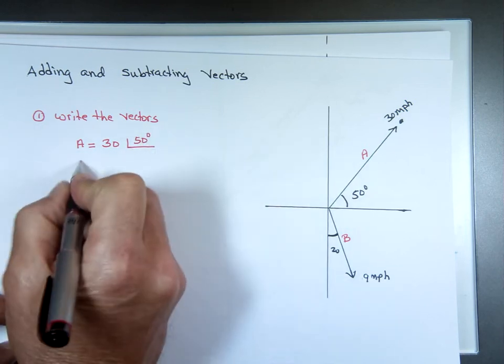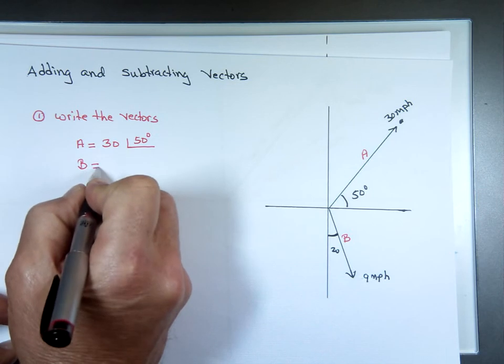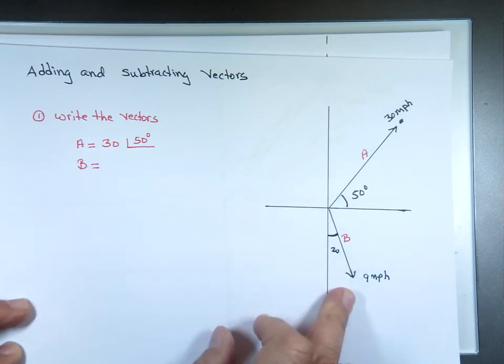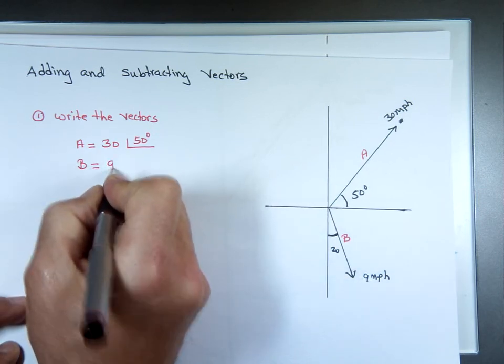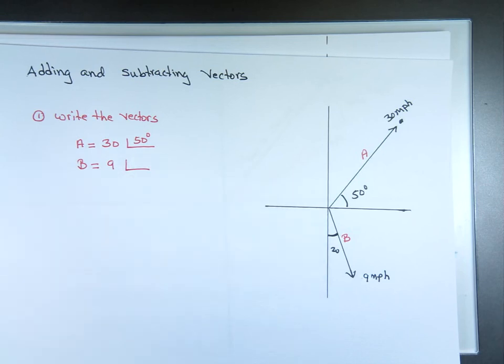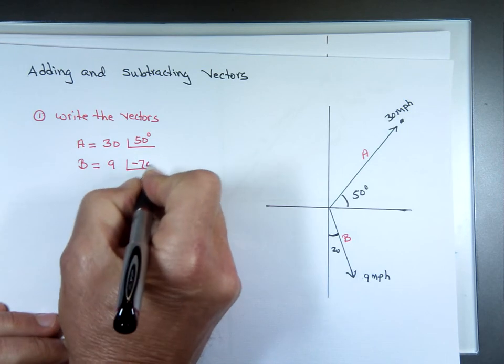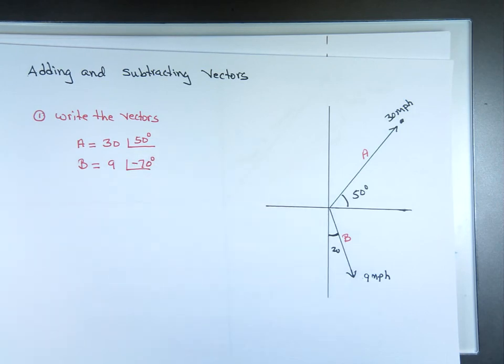Vector B, how long is it? 9, and what's the angle? What is it? 20? Try again. Almost. Negative 70. Yes. I had a question from the last page.